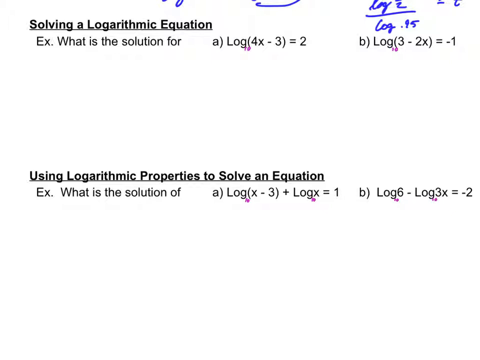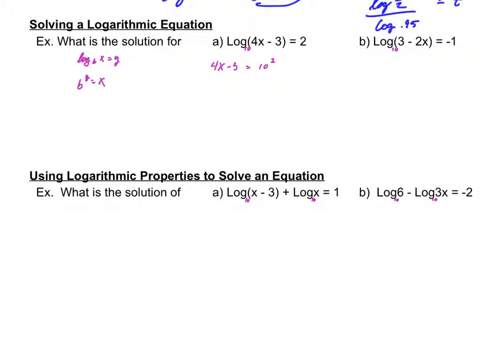This should become 4x minus 3 is equal to 10 raised to the 2. The log of x to base b equals y, and then we would reorder that to b raised to the y power is equal to x.